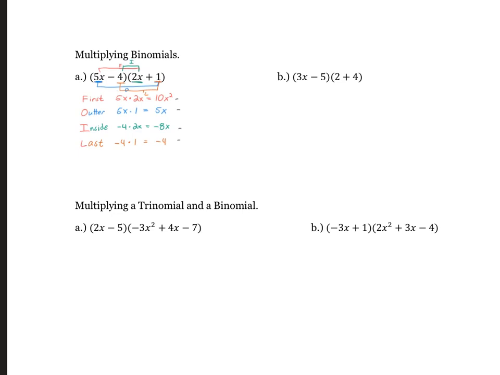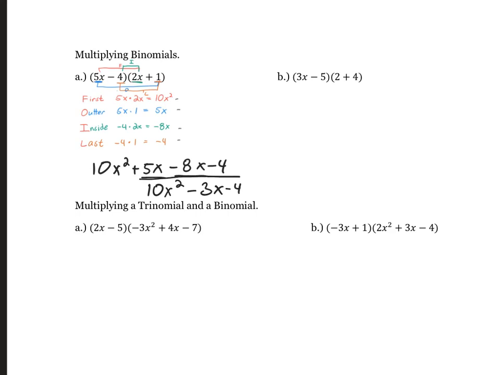This is my spot here. All right, so 10x squared plus 5x minus 8x minus 4, and there's going to be some like terms that we need to combine here because we have 5x and negative 8x, which gives us negative 3x.